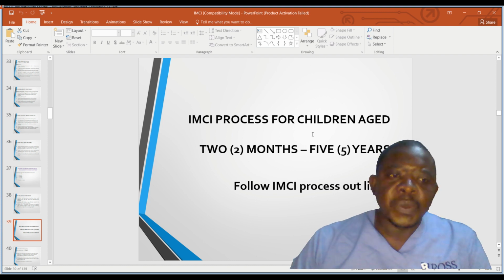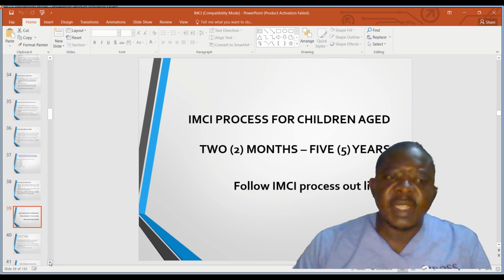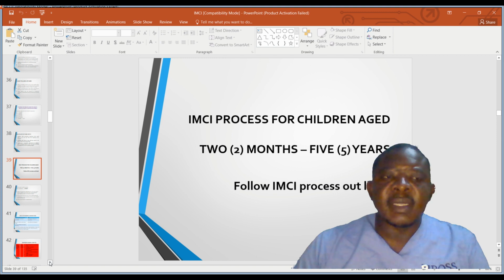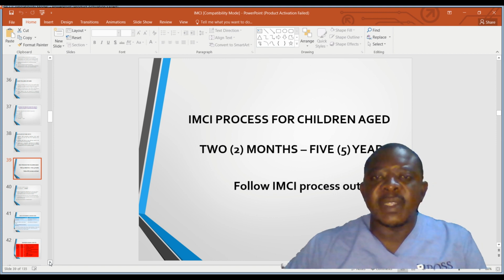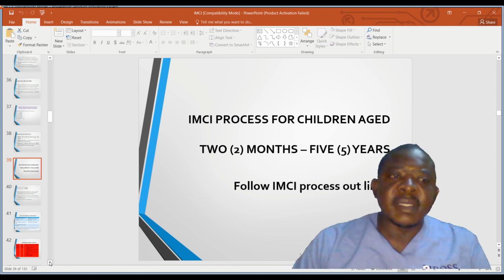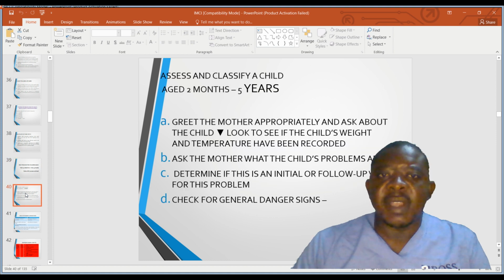So we have been looking at IMCI. We have just introduced the IMCI lesson, and we have looked at the supplies that are needed for IMCI and the documents that are needed for the IMCI process. Those are some of the things that we have looked at, and then we have looked at the steps that are involved in the IMCI process.